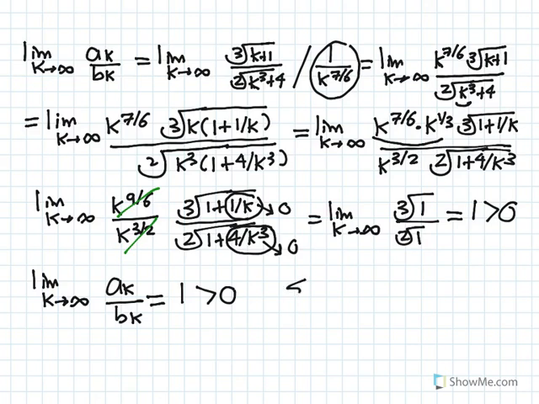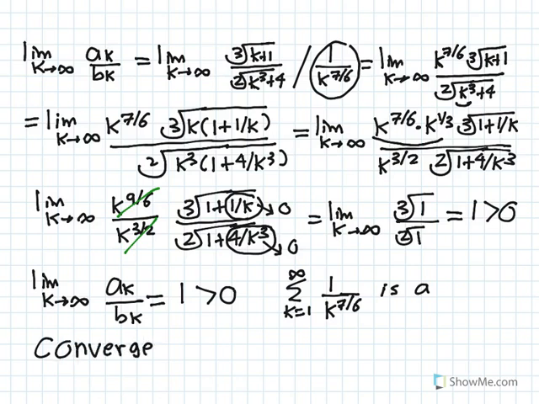So therefore, since our comparison series, summation k equals 1 to infinity of 1 divided by k to the 7 over 6, is a convergent p-series. Why is it convergent? Because the value of p, the exponent of k, which is 7 over 6, is greater than 1.